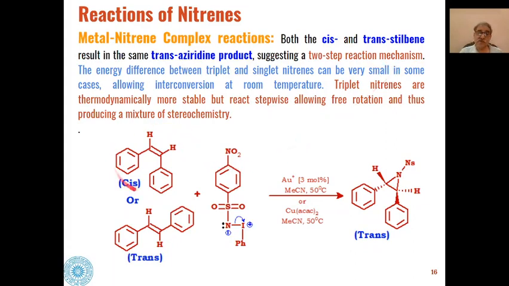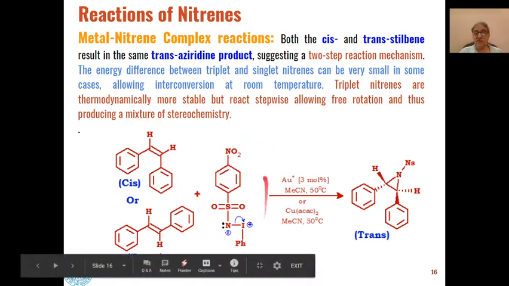So either we react cis-stilbene with this amino iodine, or we react trans-stilbene with this amino iodine, the product formed in both cases is the same. That is, the trans product is formed because this is thermodynamically more stable as compared to the cis product. So that is why this product is formed.